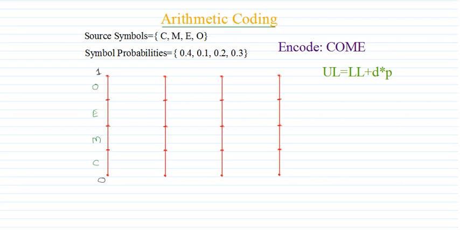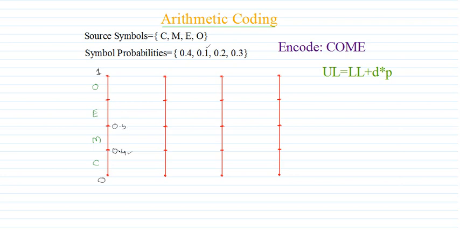Now the first symbol C has a probability 0.4. If I add that to the lower limit, 0 plus 0.4, it is 0.4 here. Then M has a probability of 0.1. Let me add this 0.1 to 0.4 and I get the sum as 0.5.